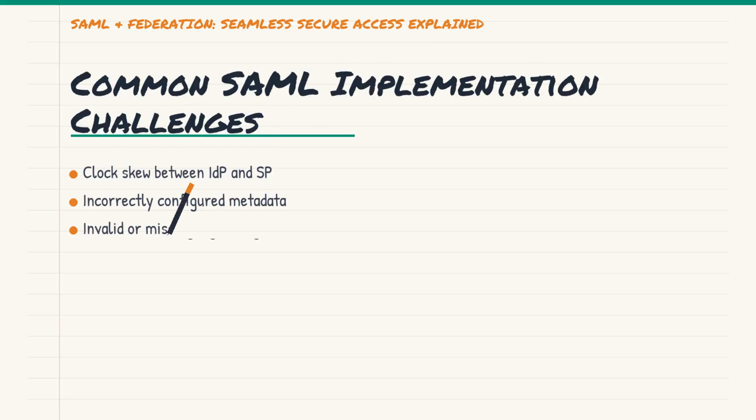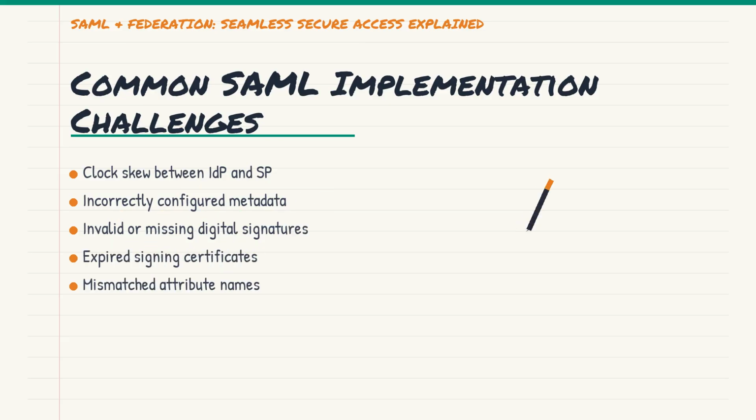Now, it's not always smooth sailing. One of the biggest headaches is clock skew between the IdP and SP. If their clocks are too far apart, the SP might reject a valid assertion because it thinks it's expired or not yet valid. Incorrectly configured metadata, like wrong entity IDs or endpoint URLs, is another common pitfall. Missing or invalid digital signatures are a showstopper.